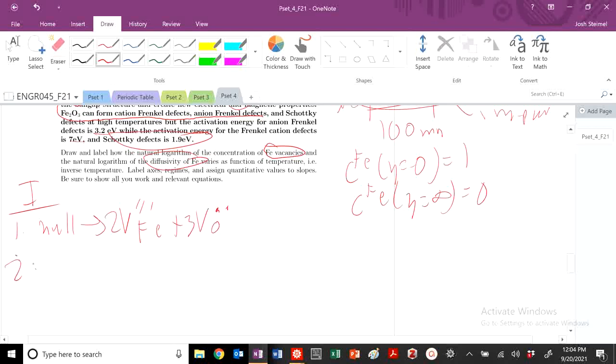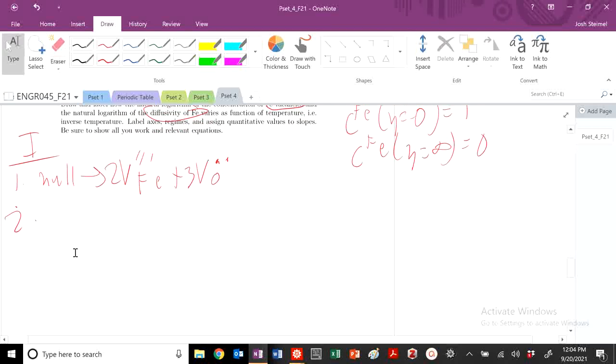So now, when I write this reaction, for my K equilibrium we also have to do an electroneutrality statement as well. Remember, when I'm writing my electroneutrality statement, the concentration of vacancy of Fe equals the concentration of this, and we always put our charge here.